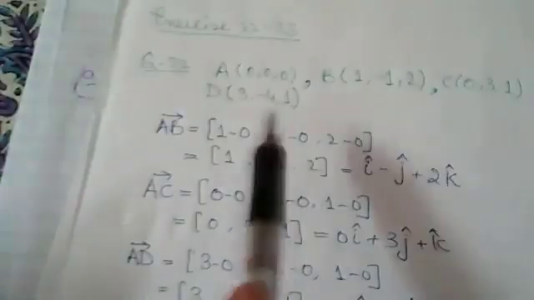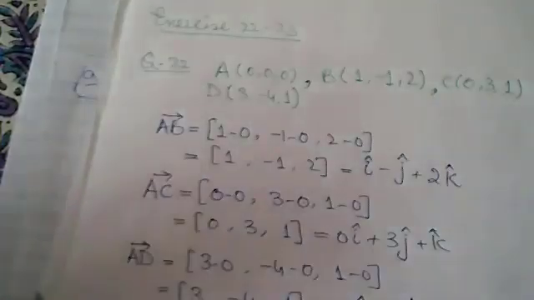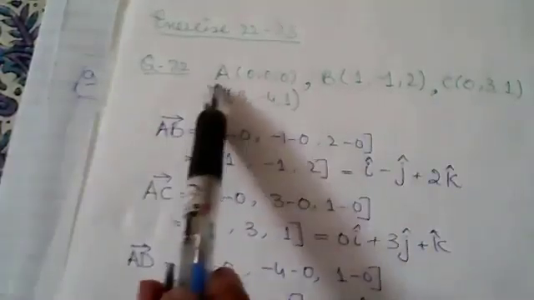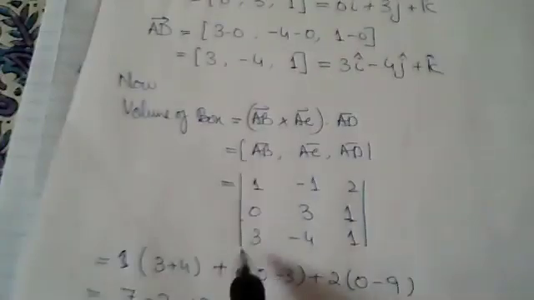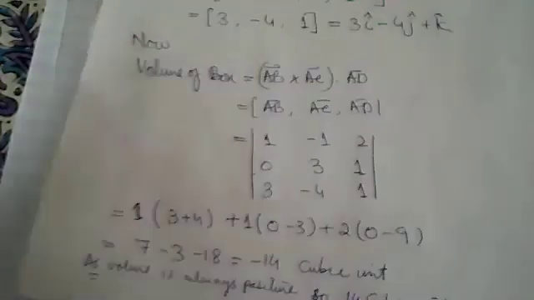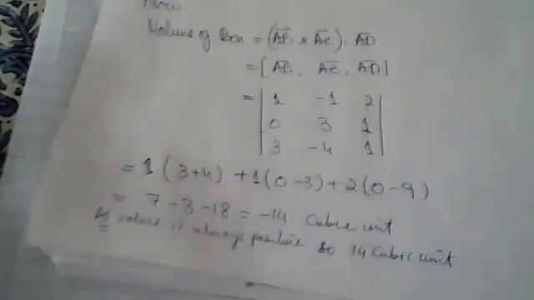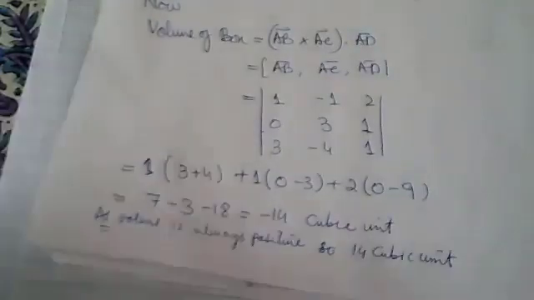So we have 4 points. You can fix any point. Suppose I fix A, so we have the vectors AB, AC, and AD. Take the scalar triple product of these vectors and you will get the volume of the box. If the answer is negative, just neglect the negative sign because volume cannot be negative. Volume is positive.